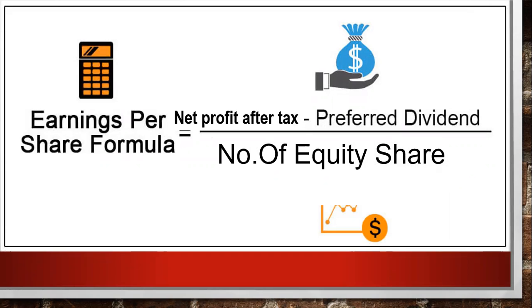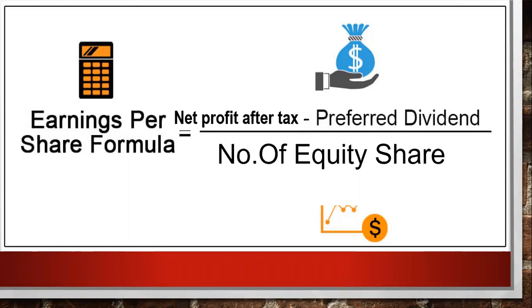You have to take the company's profit after paying the interest and the tax, minus the preference dividend, because in a company there are two types of shareholders: preference shareholders and equity shareholders. Equity shareholders are the owners of the company, and preference shareholders are not the owners. So first you have to give preference to them and pay the dividend out of your profit.